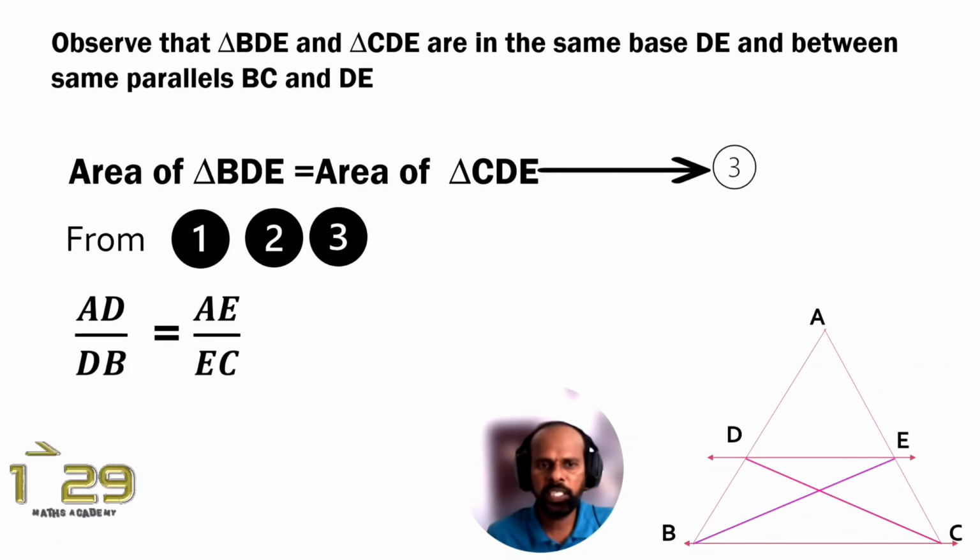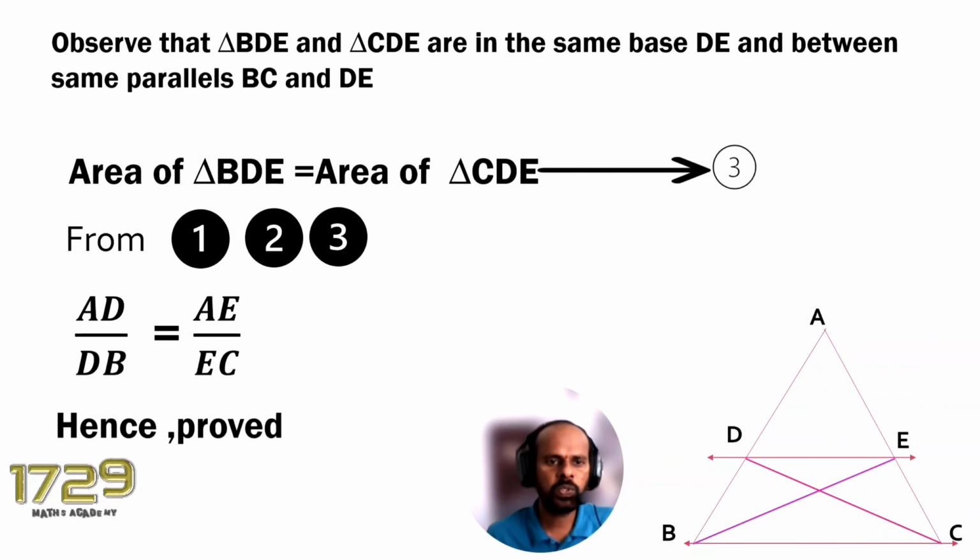So that is why these results are also equal. This is the proof of AD by DB equal to AE by EC. In a triangle, if DE is a line parallel to one side which divides the other two sides, then AD by DB is equal to AE by EC. We already wrote this in the given part, so we got the same result. That is the proof of the basic proportionality theorem, or Thales theorem.